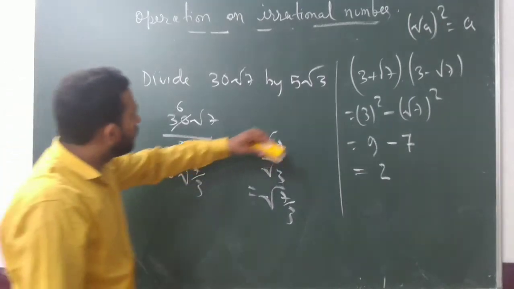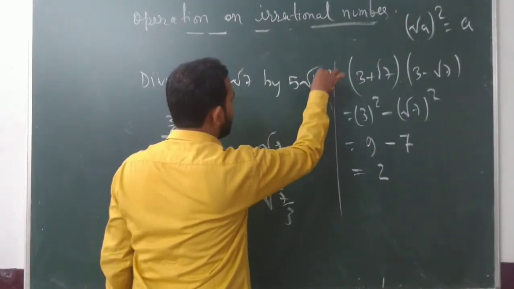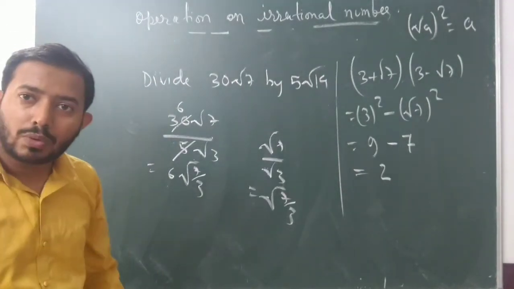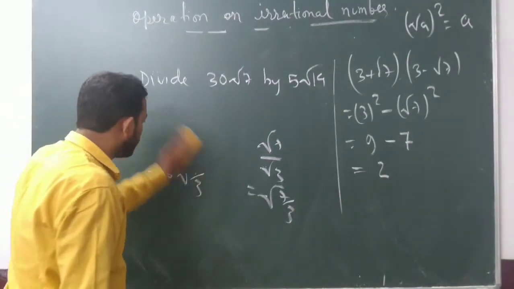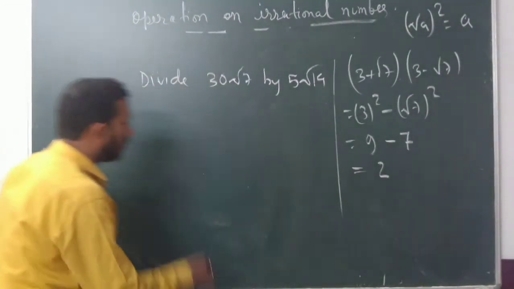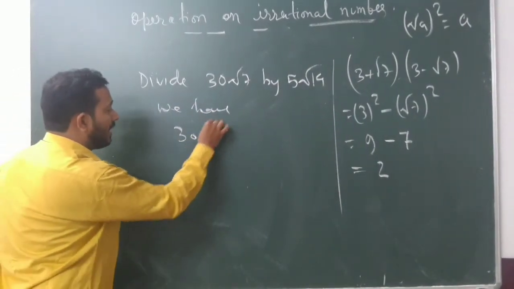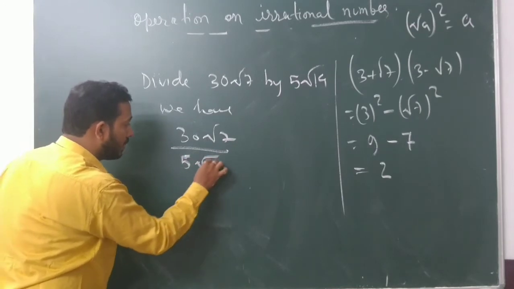And if the data here changes, if it is root 14, okay, what will be our answer? If it is root 14, you can see what little changes will be there. Here we have 30 root 7, and in the denominator we have 5 root 14.